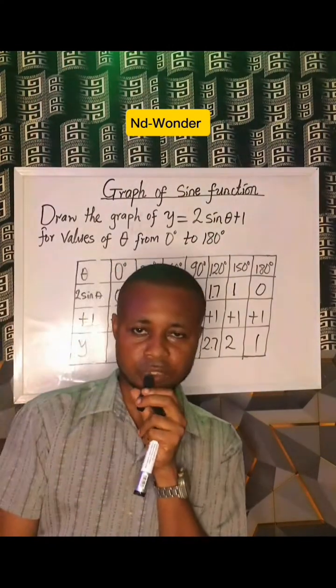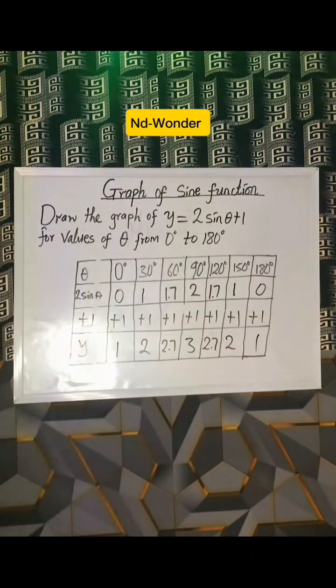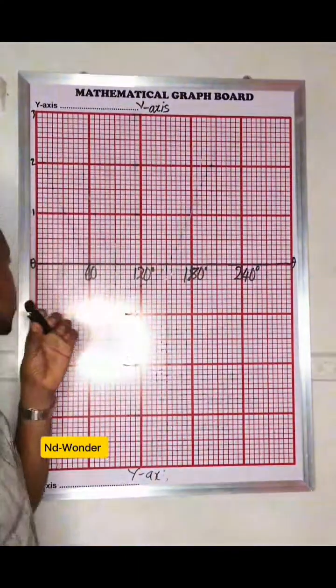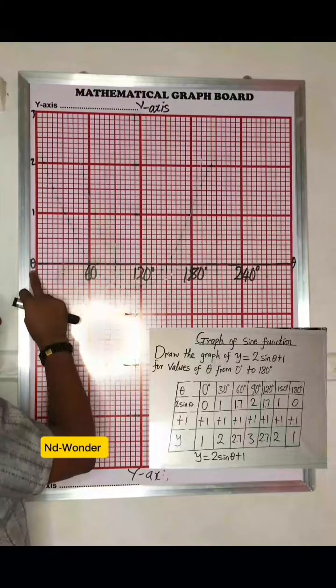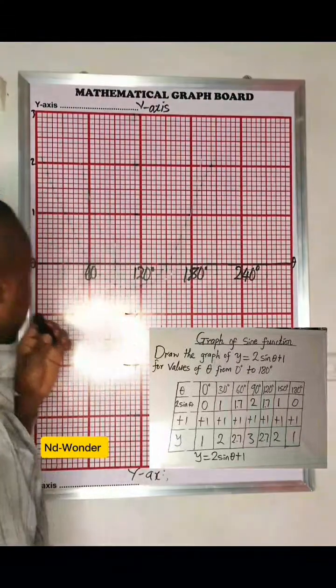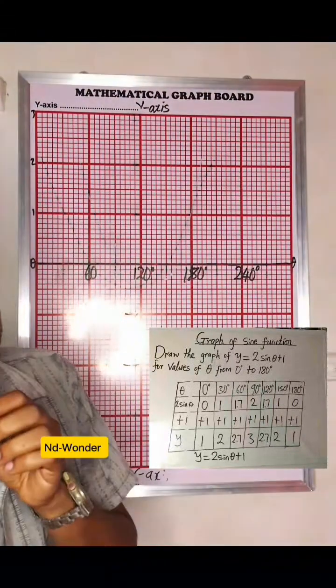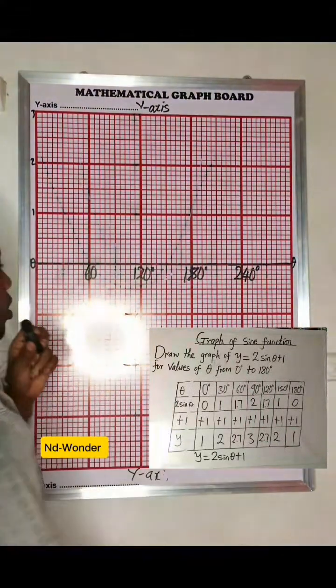Now let's graph it. Quickly, here comes the graph. Our y-axis and the theta axis. I've decided to make it multiples of 60 because of the space we have.